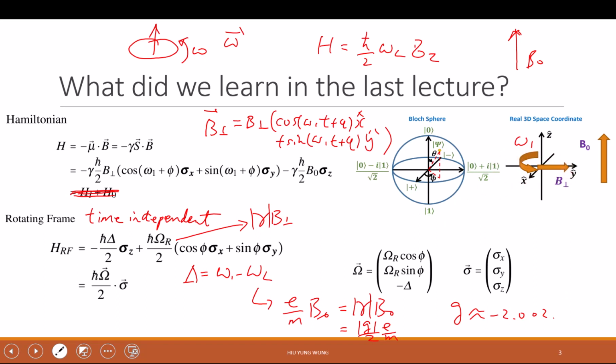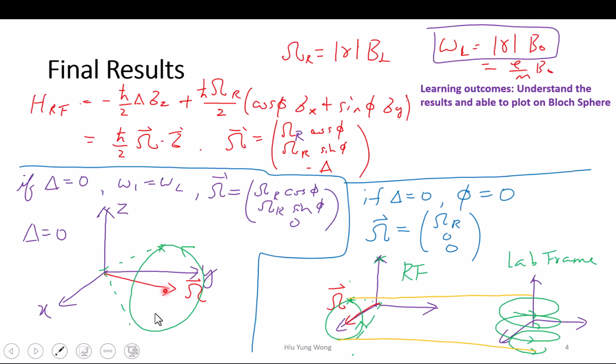So I do not see a magnetic field rotating. I only feel a constant magnetic field, because I'm rotating with the magnetic field, right? And that also can explain why, because now you're constant. I will just precess about this magnetic field, just like what we learned in the z direction, right? Okay.